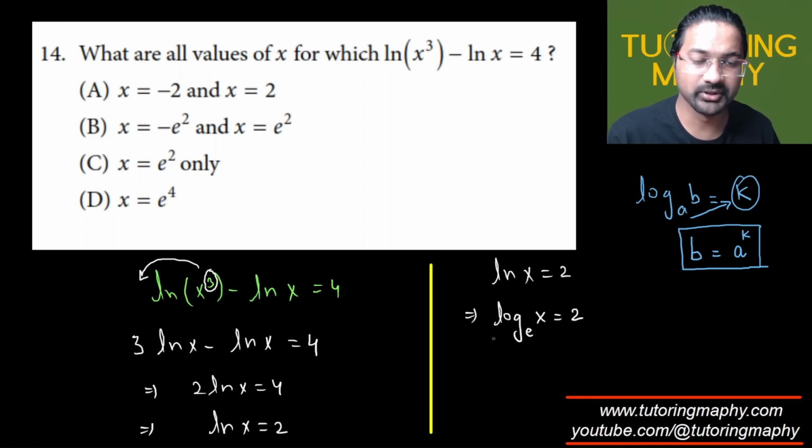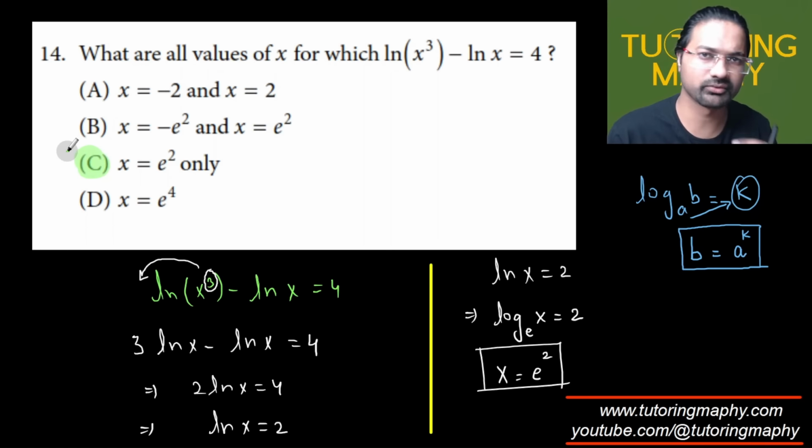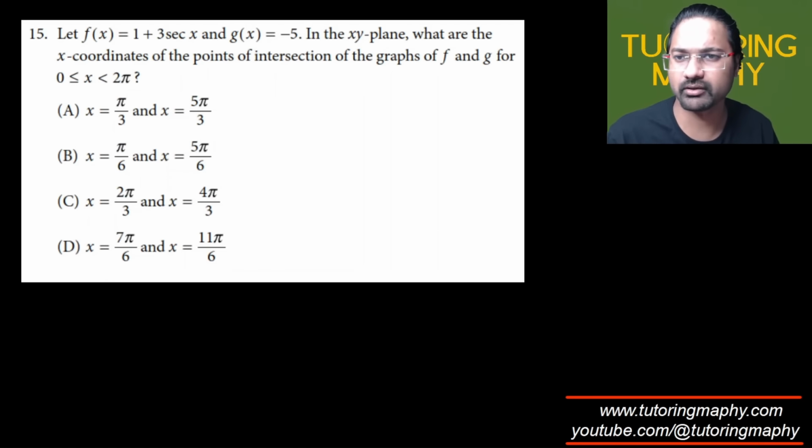So based on the blue thing, x remains here, e is thrown over on the other side such that this 2 raises in its power. So the value of x is e square, which is, I think, only option C, correct? Yeah, that's the only answer. Makes sense, right? Okay, let's move on to the last question which we have here.